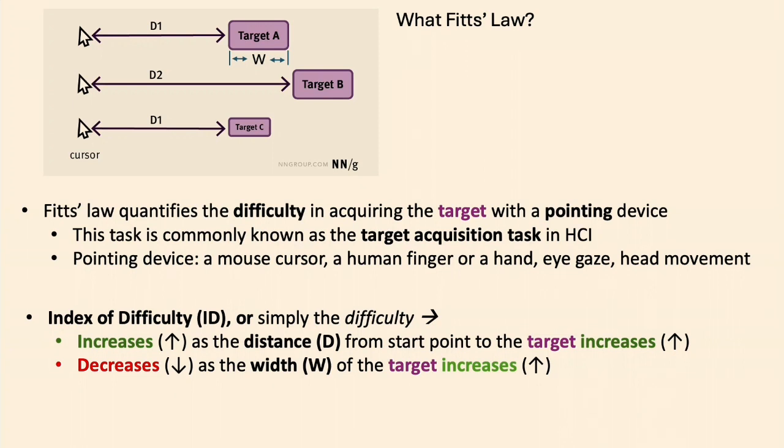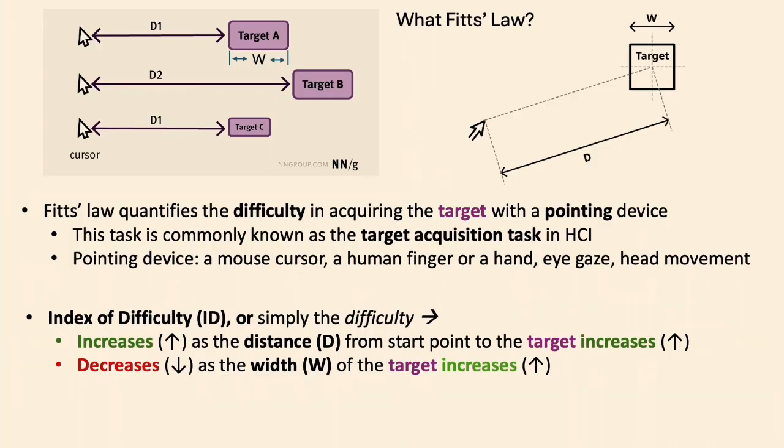So informally, we can say difficulty increases if the distance from the cursor increases, like in this scenario, and difficulty decreases if the width of the target increases. So as the target becomes bigger, the difficulty is decreasing.